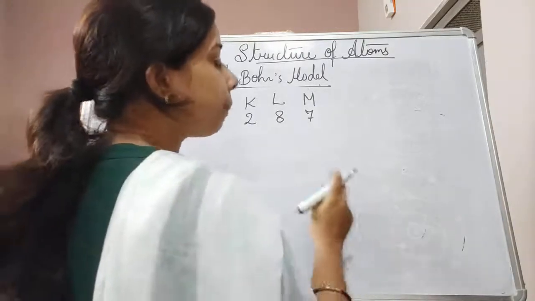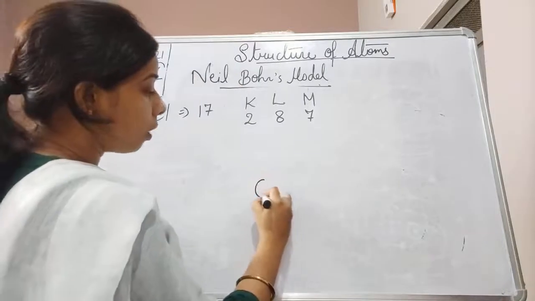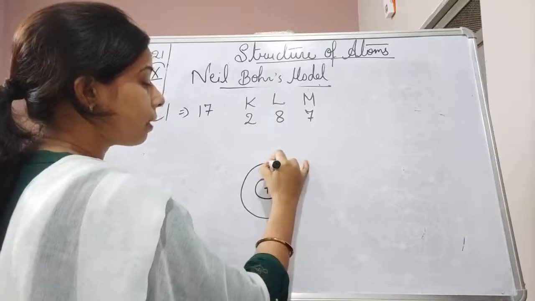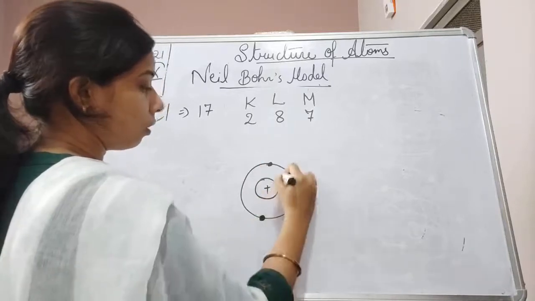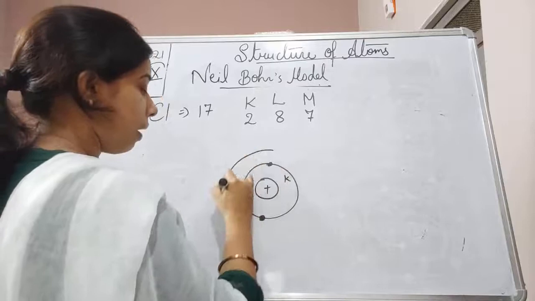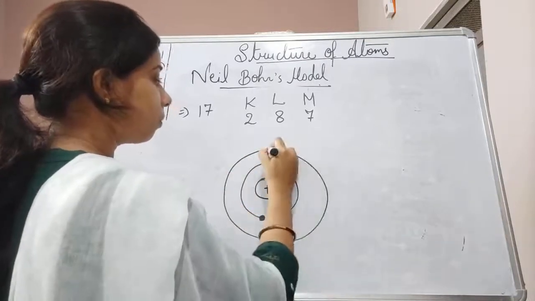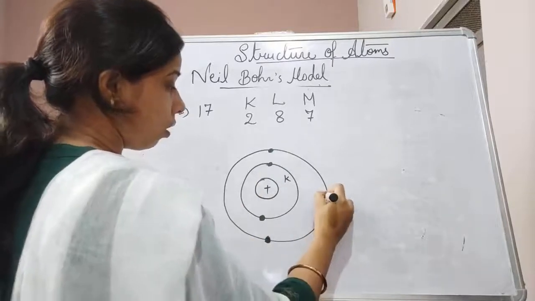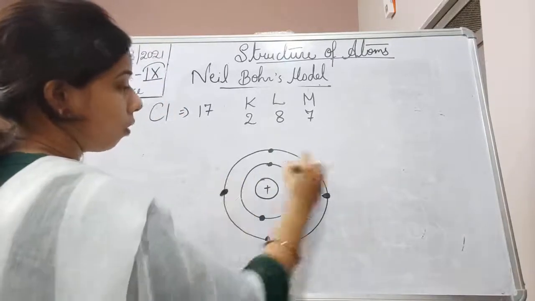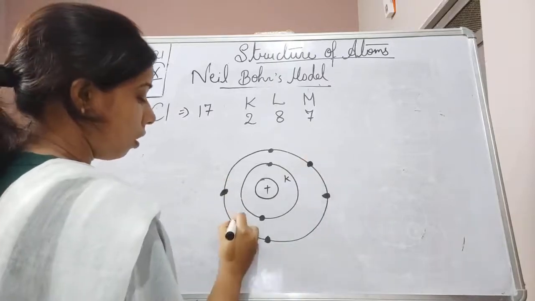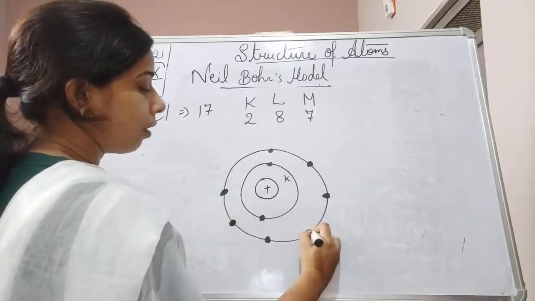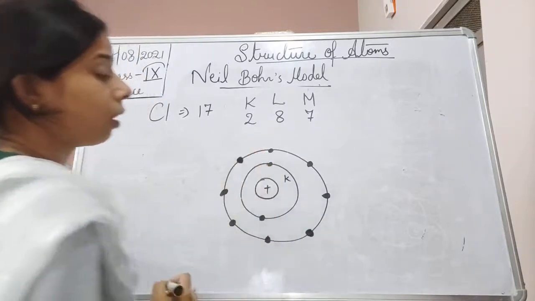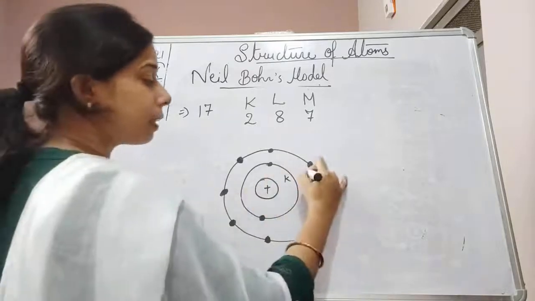What will be the structure here? So here it will be a nucleus. The K shell is there. This K shell is having 2 electrons. L: 1, 2, 3, 4, 5, 6, 7 and 8. These are the 8 electrons present in the L shell.